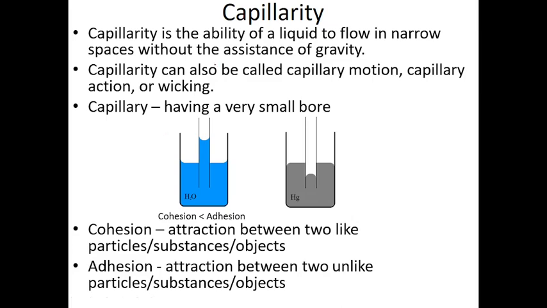And as you notice, when we put a capillary tube in this container with mercury, this is the normal level of mercury, and as you notice, there is a fall of mercury inside the tube.